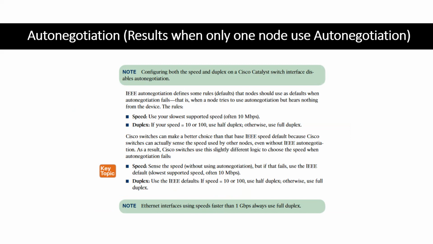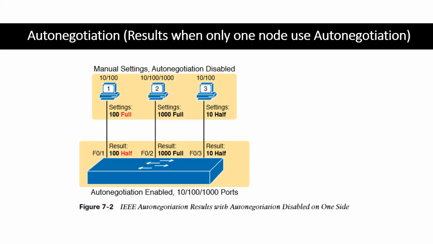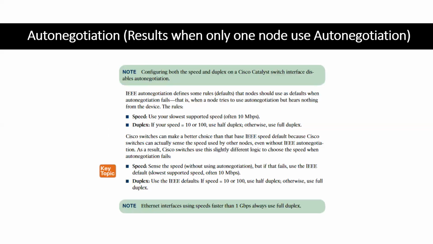Let's keep going. Cisco switches can make a better choice than the base IEEE speed default because Cisco switches can actually sense the speed used by other nodes, even without IEEE negotiation. As a result, Cisco switches use slightly different logic to choose the speed when auto negotiation fails. This is the Cisco switch that Ryan configured and my PC is plugged into. So here's the Cisco logic.